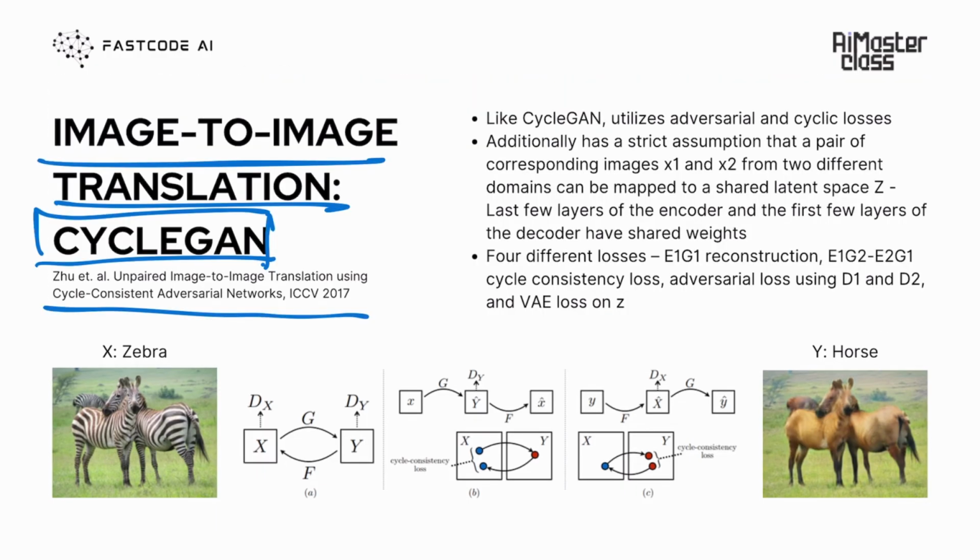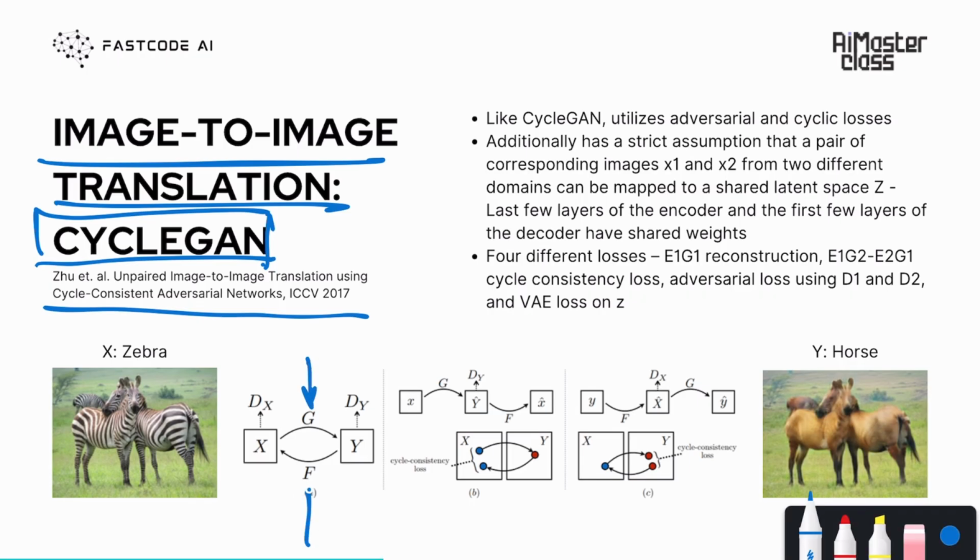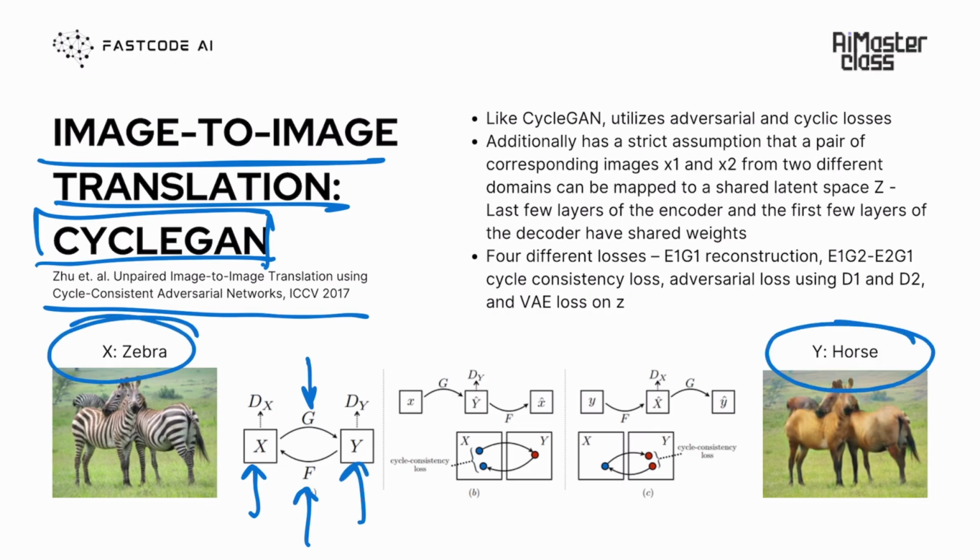And what they do is something very, very interesting. They say we're going to use two generator networks, G and F. Let's say our X is zebra and our Y is horse. What we are saying is, we're going to convert our X to Y, our zebra to horse.